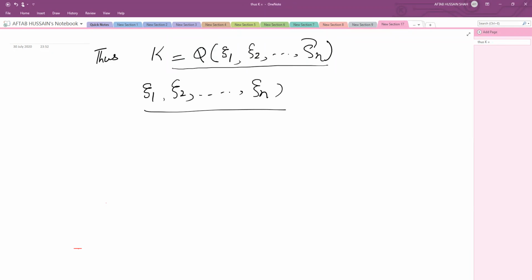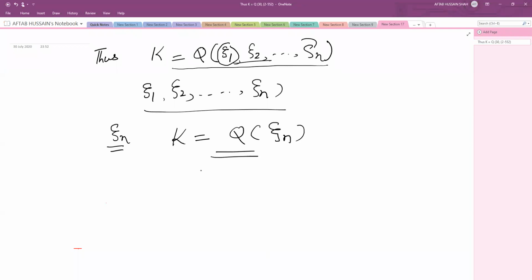But since I have just seen that this group is cyclic, if you know the generator, you don't need to know about the other elements, because the generator itself would give the information about the other roots. So if zeta n is chosen as the generator of this group, K would be simply Q of zeta n.